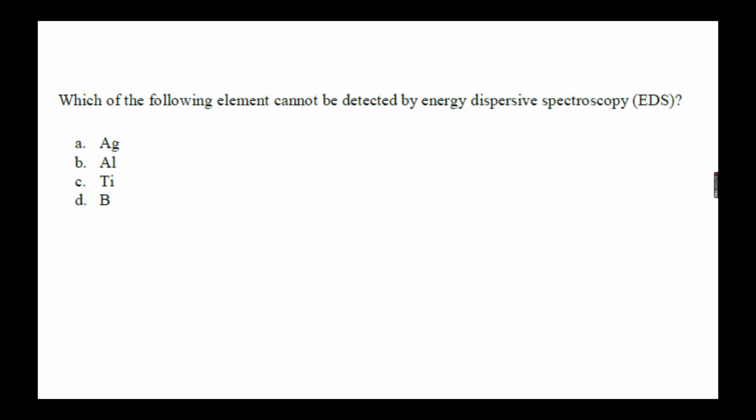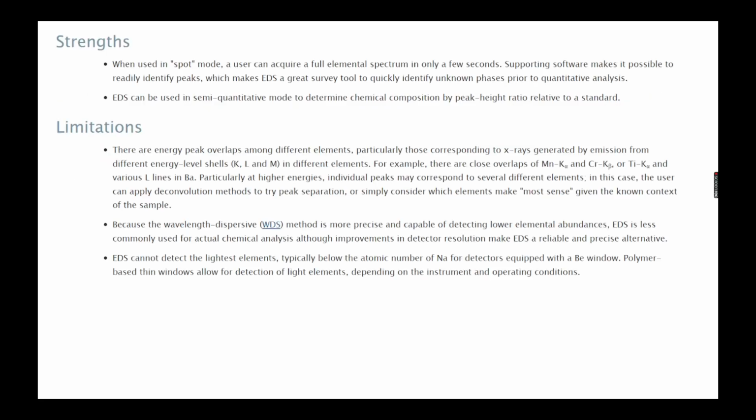Okay, let's see. So this is the slide. This you can simply find. So what is the limitation of your EDS detector? Here you can see in the last point, EDS cannot detect the lightest elements, typically below the atomic number of sodium.